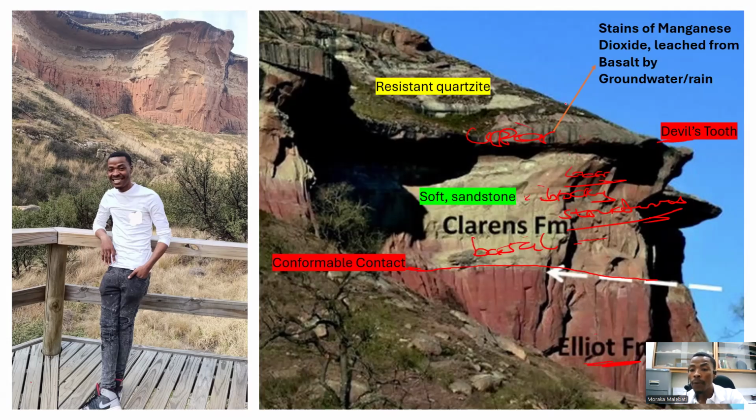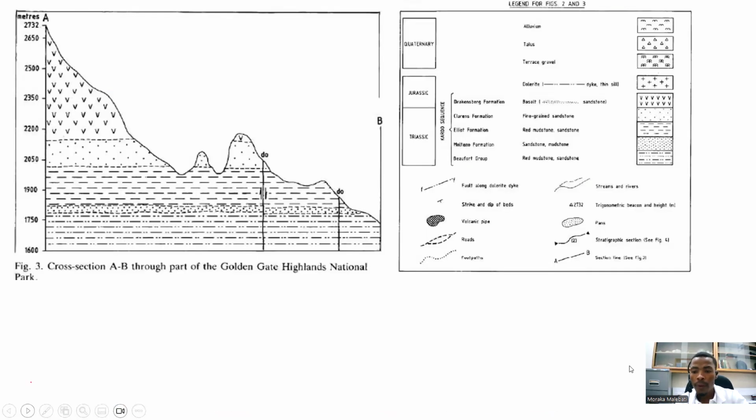So the manganese dioxide from those basalts at the top, during rainfall, the rain leached it, and then it precipitated here. That's why it's causing these stains. And these stains of manganese dioxide are evident in most of the area in this geoheritage site.